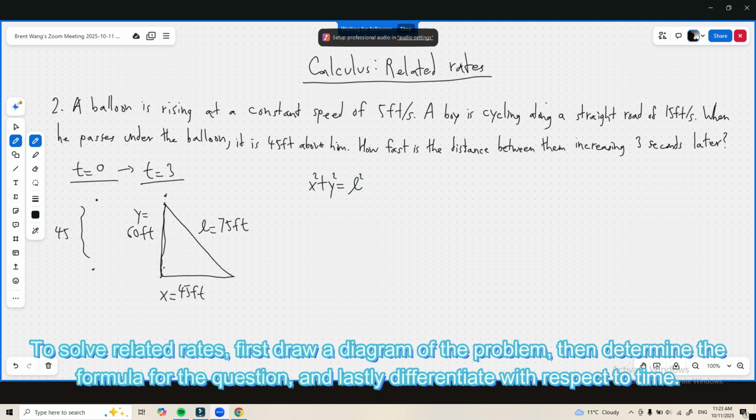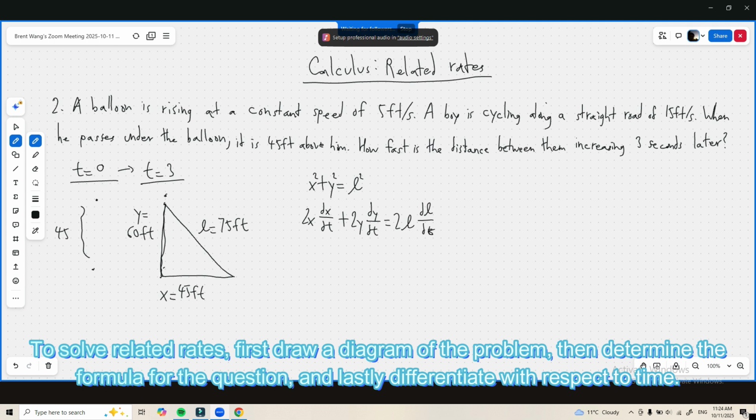Let's differentiate this with respect to time. So 2x dx/dt plus 2y dy/dt is equal to 2L dL/dt.